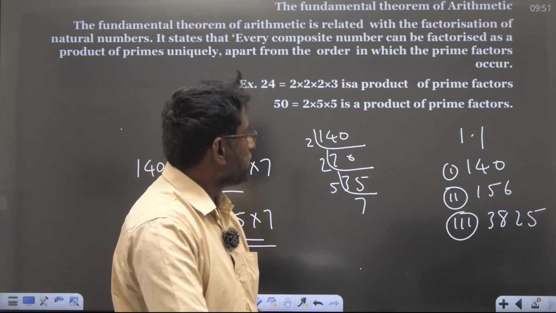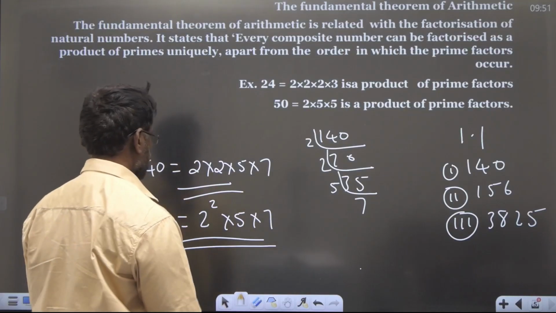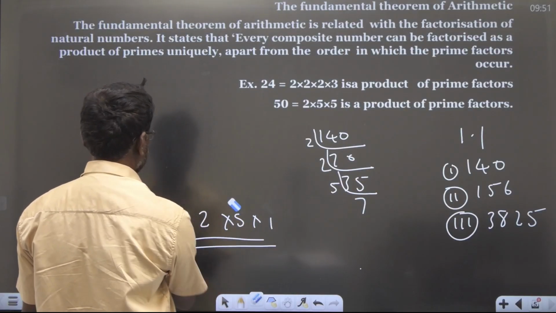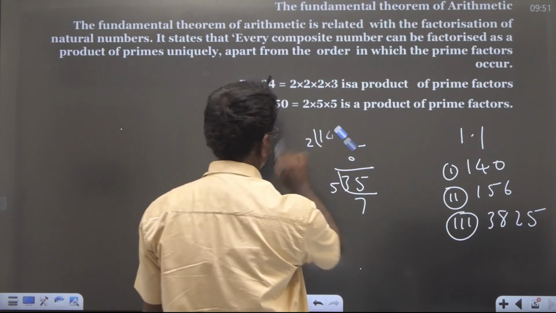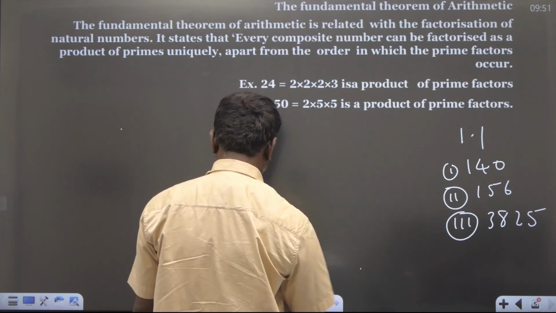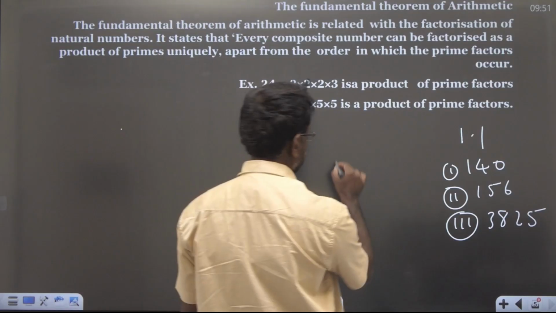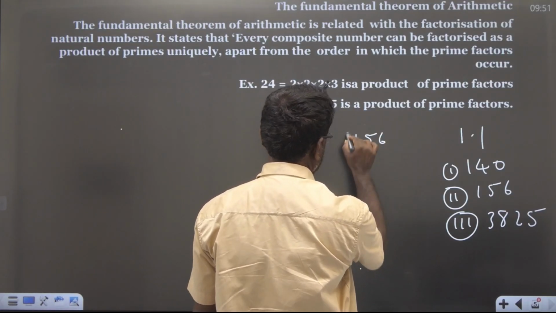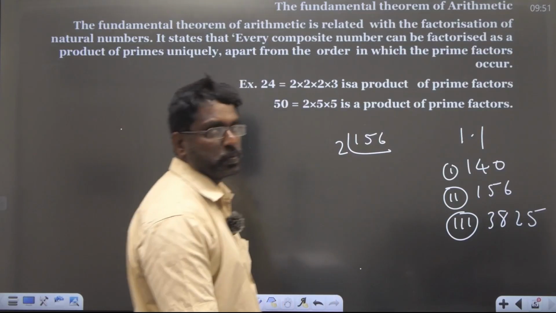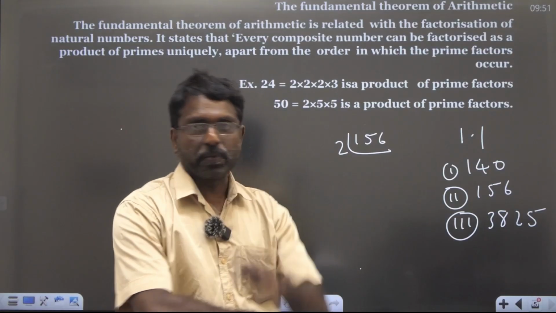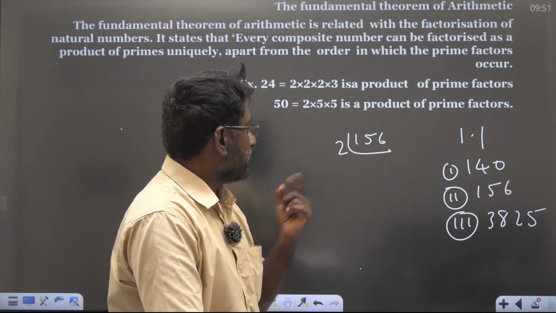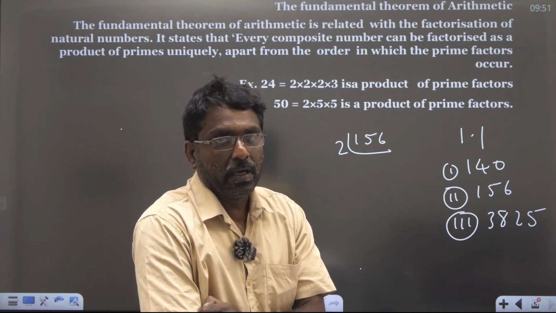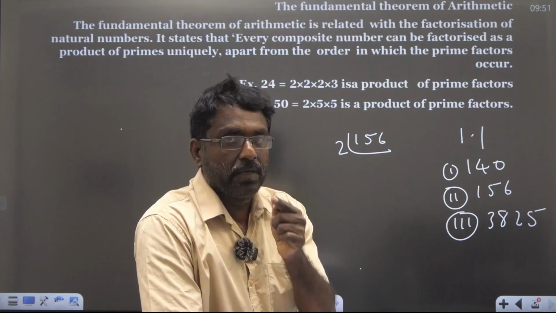Another question, 156. Second question, 156. How can we express it? Try with the lowest prime number, that is 2. 2 is the least prime number. What are the properties of 2? 2 is the least prime number and the only even prime number.